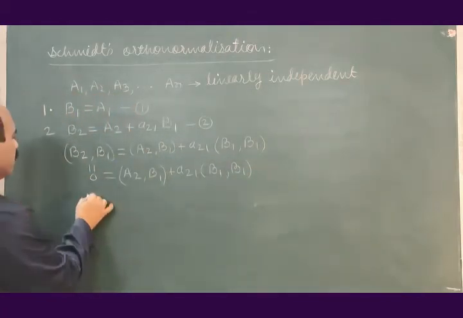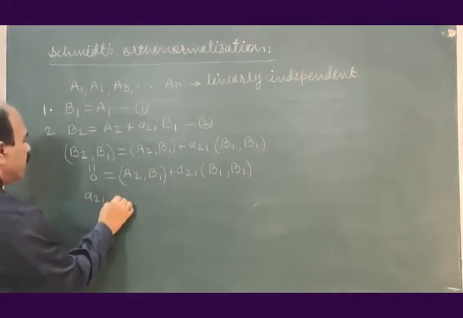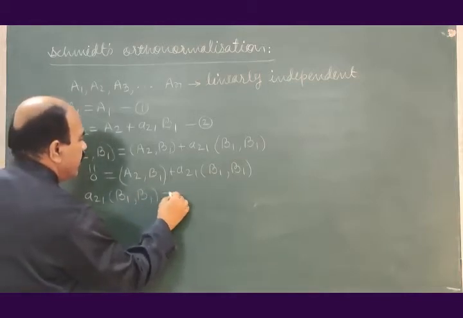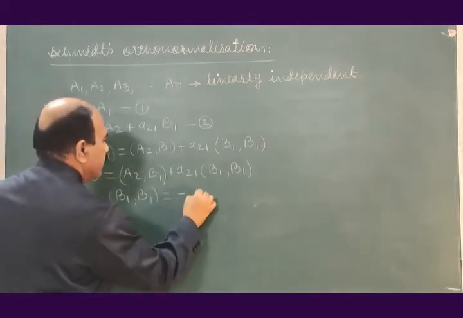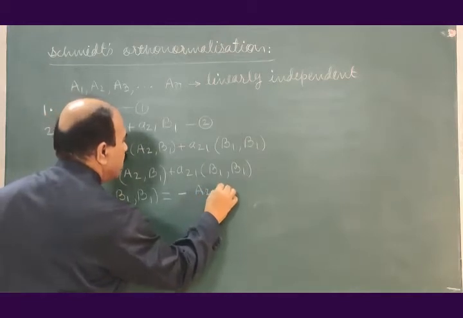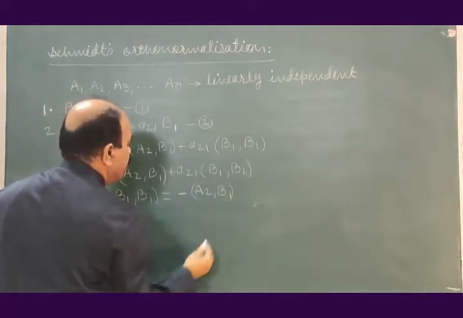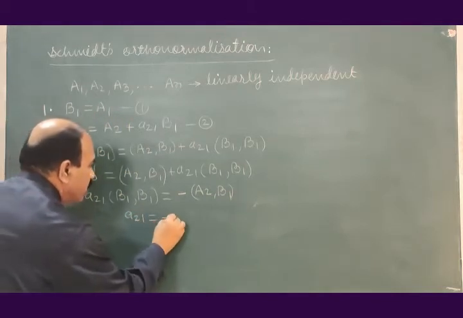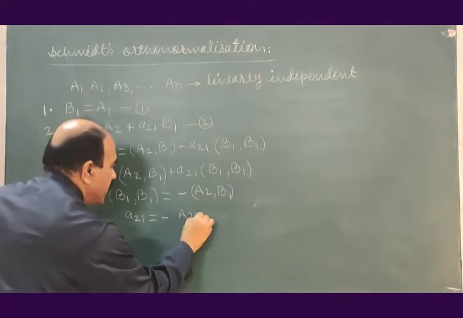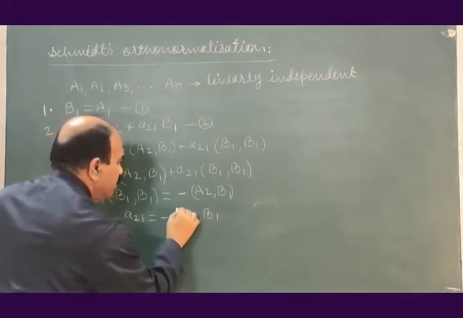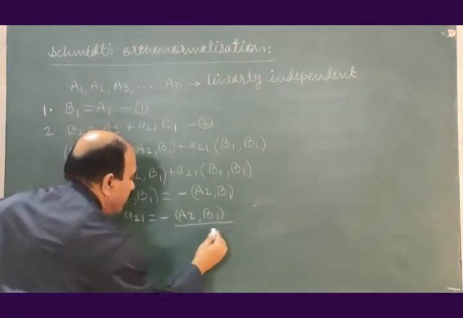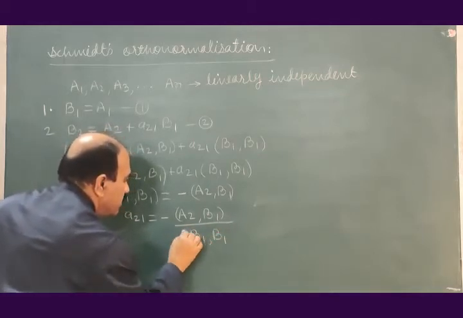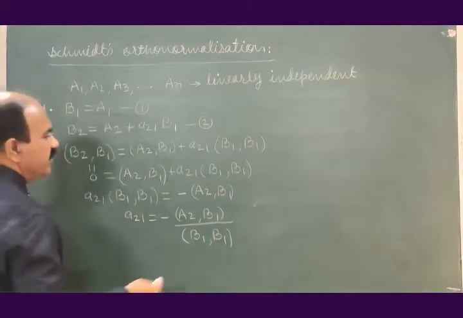Or this is further a21 into (b1, b1) is equal to minus of (a2, b1), and further a21 is equal to minus of the inner product of a2 and b1 divided by the square of the norm of vector b1.